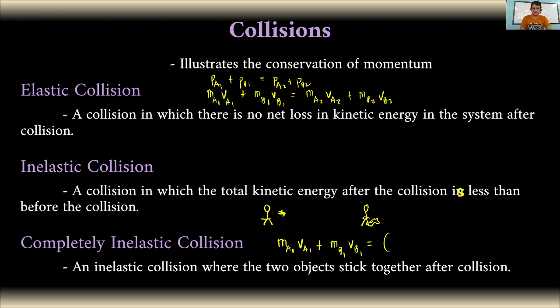And this is equal to, since they stick together after the event, their masses have combined. So we have MA plus MB, and they are moving together with the speed V2.